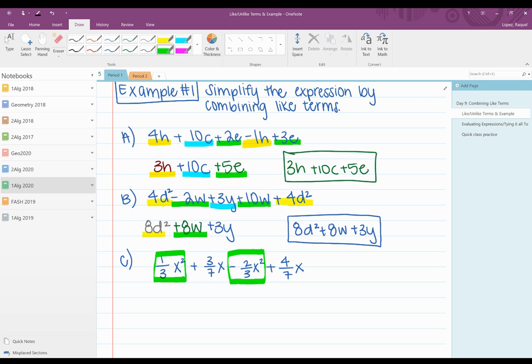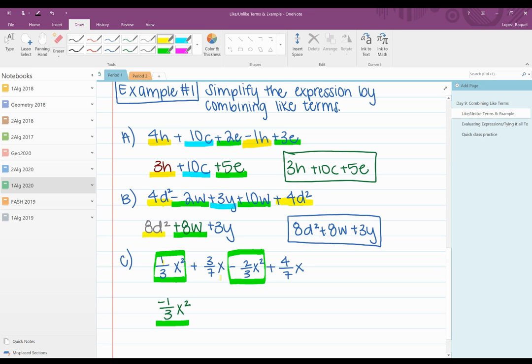The denominators are the same, so I can just focus on my numerators. 1 minus 2 is -1. So here I've got -1/3 x squared.